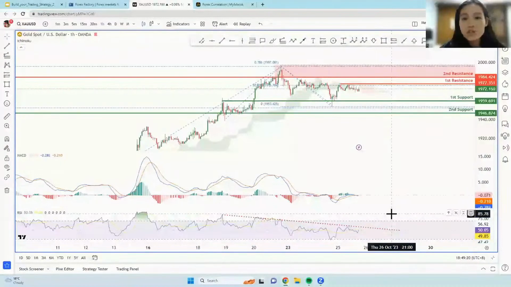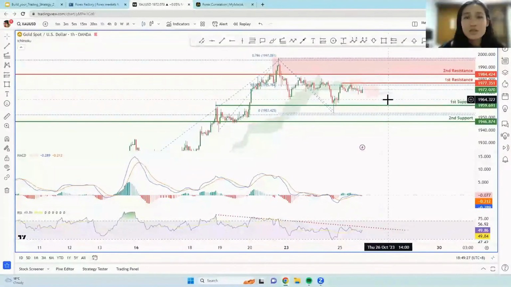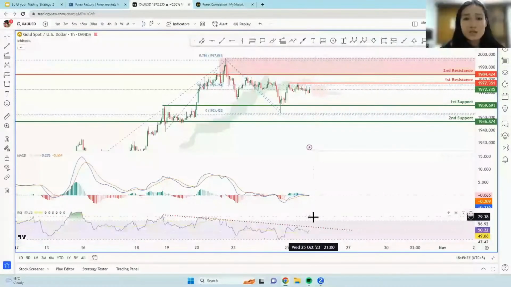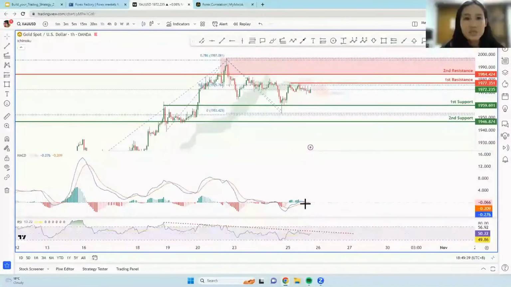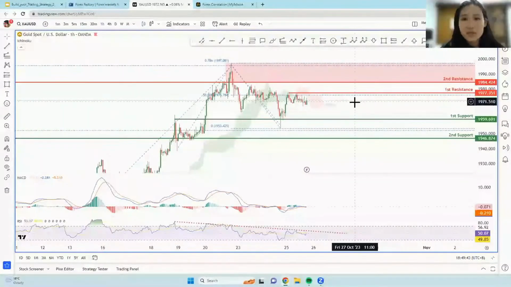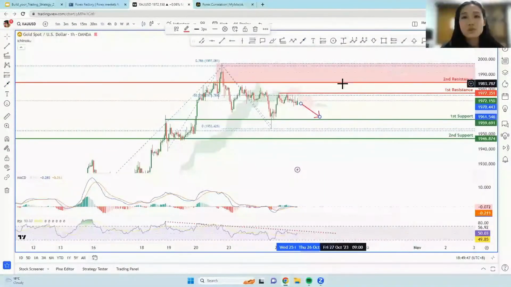So as long as you know how to use a few indicators, and then you just test them whenever you are done with your analysis, your graphical and your Fibonacci analysis, that would be enough. Okay, so I can see my RSI, I have a descending trend line as well. So very bearish over here. So I'm going in for sell from my first resistance to my first support.